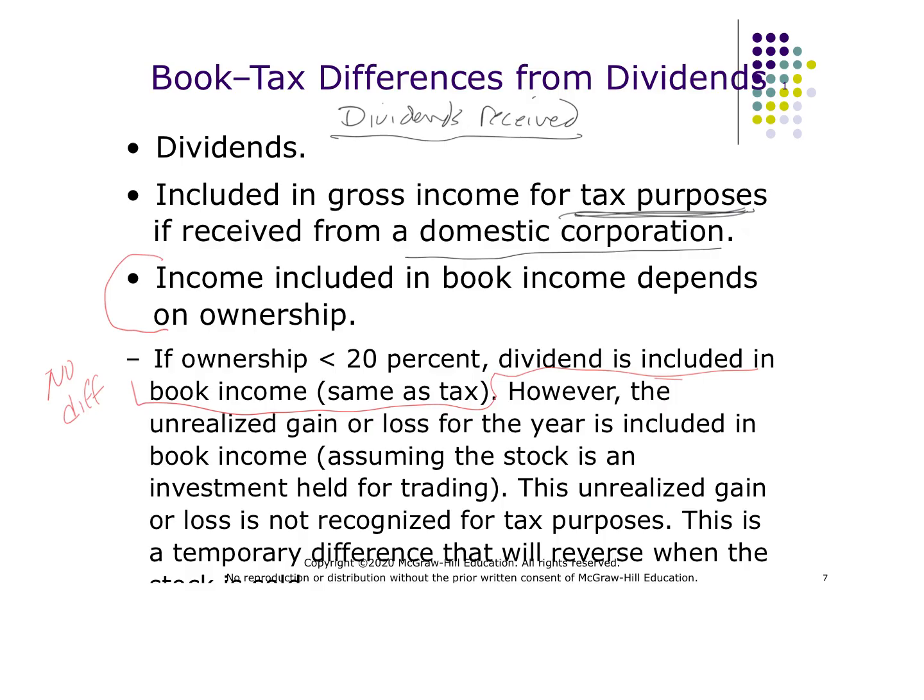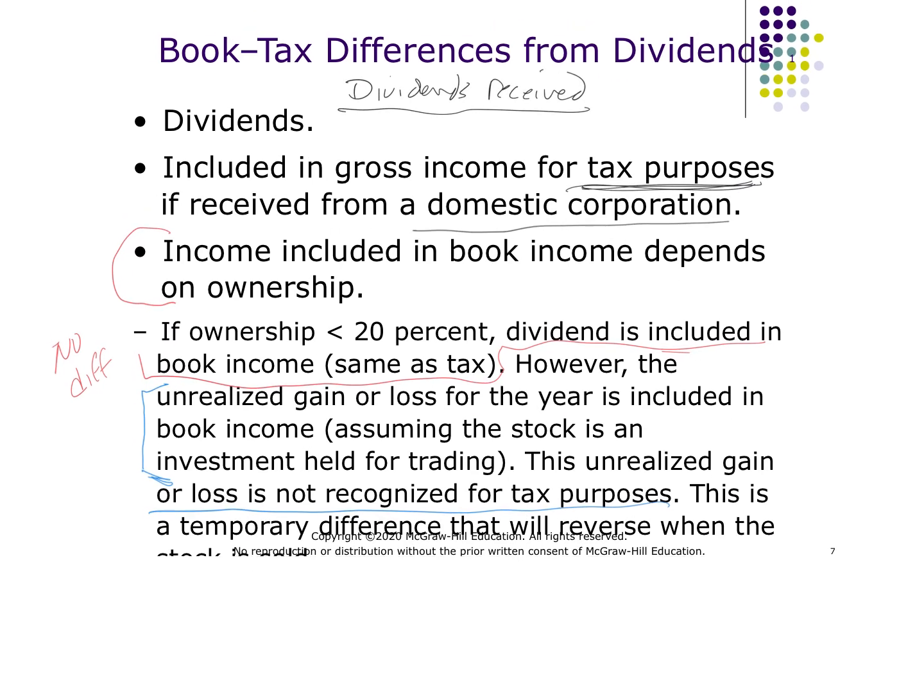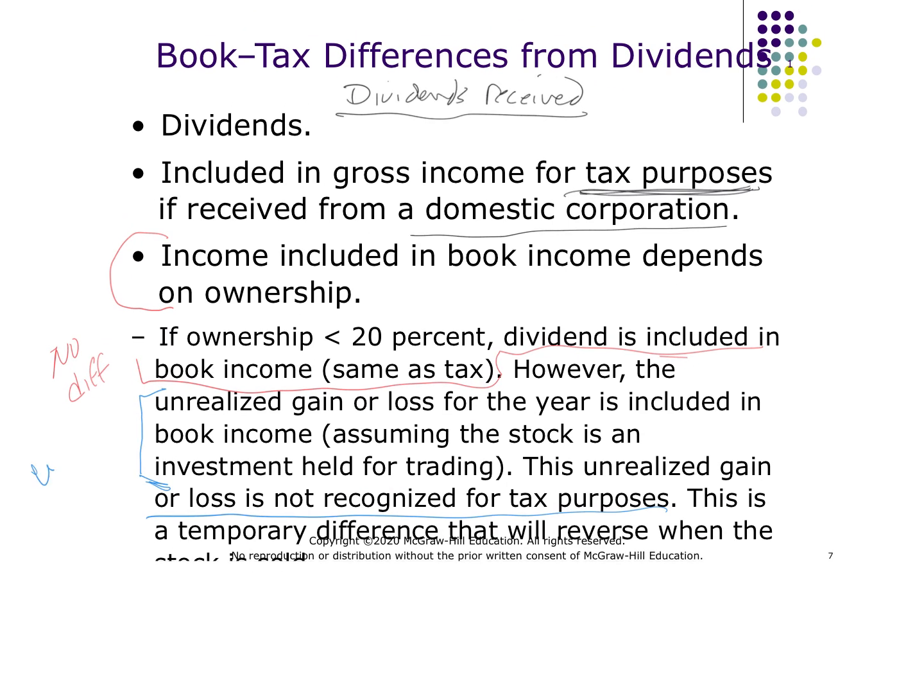But the unrealized gain or loss for the year is included in book income. That unrealized gain or loss is not recognized for tax purposes, so this is a temporary difference, and it will reverse when the stock is sold.